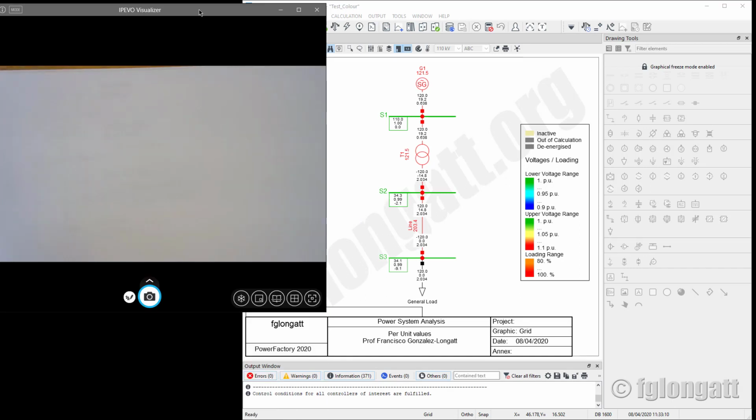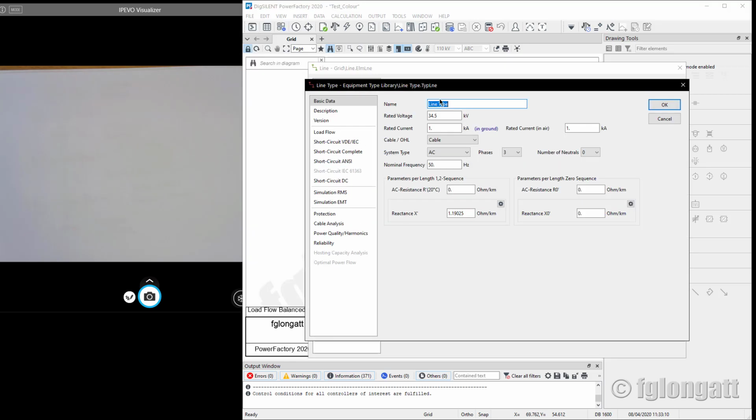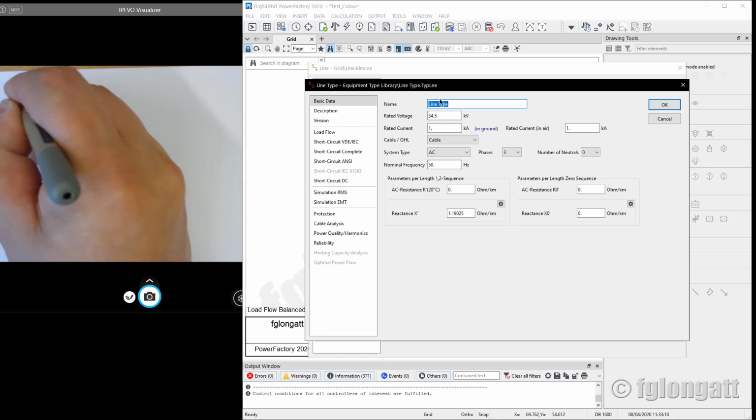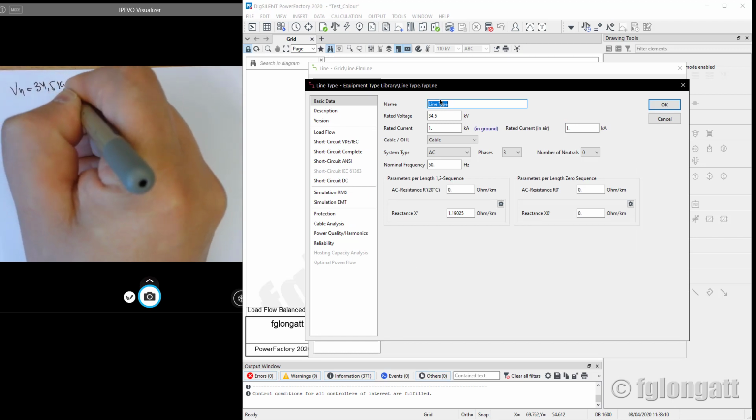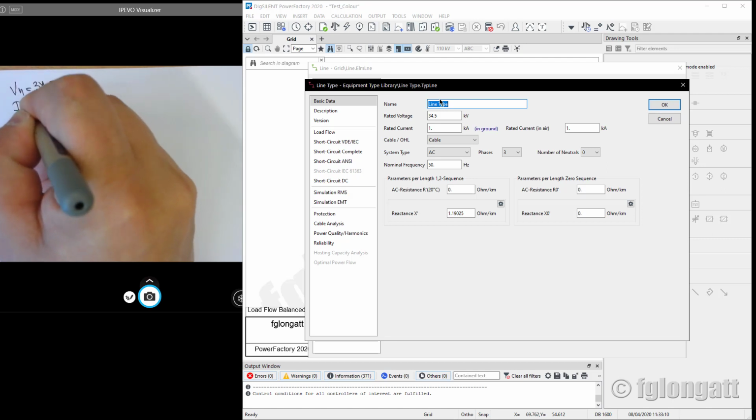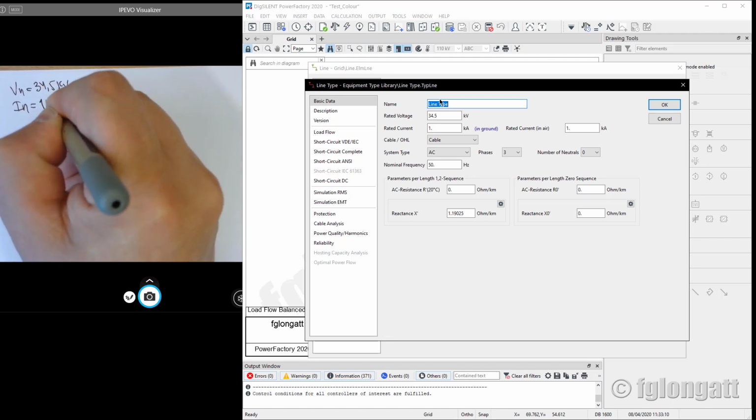I was talking about why the loading here is 203. If we open the transmission line, the nominal voltage is 30.5 kilovolts, and the nominal current that we have over there is 1 kiloamp.